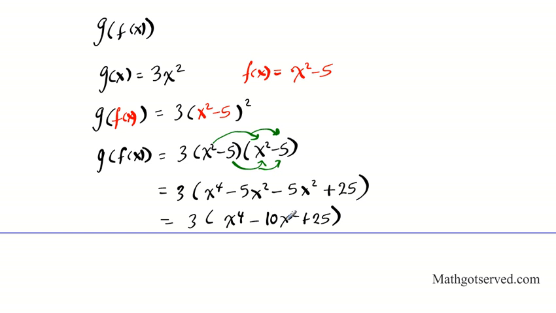Now I'm going to go ahead and distribute 3 to all the terms in the parentheses. So if I do that, that's going to yield 3x to the fourth minus 30x squared plus 75. All right, and there goes your final answer.